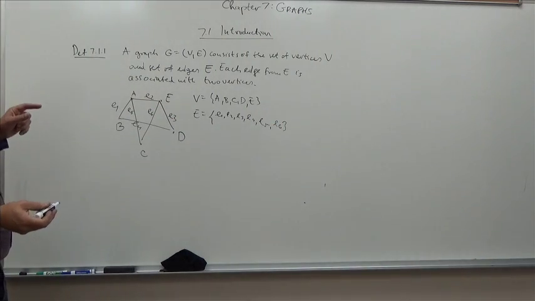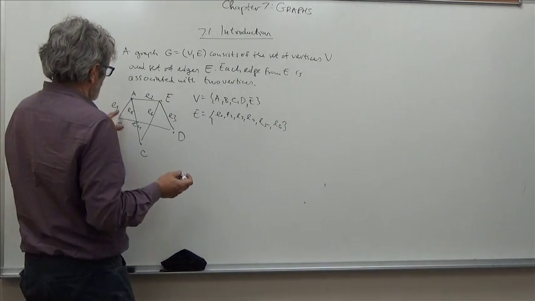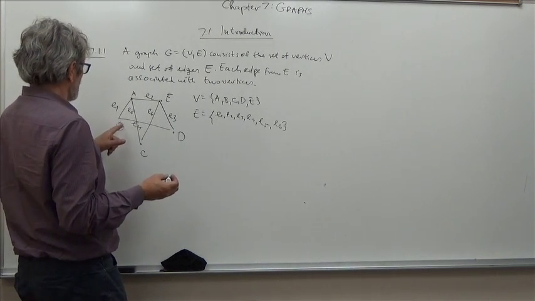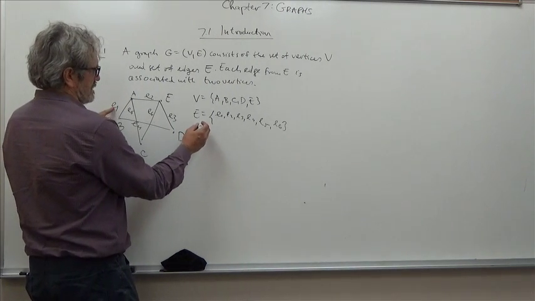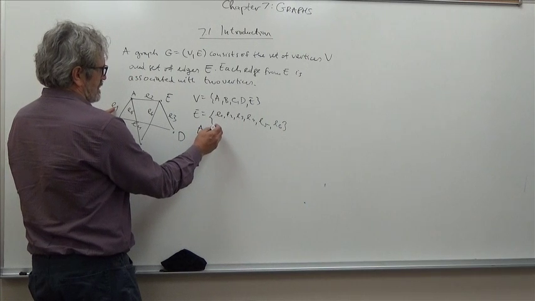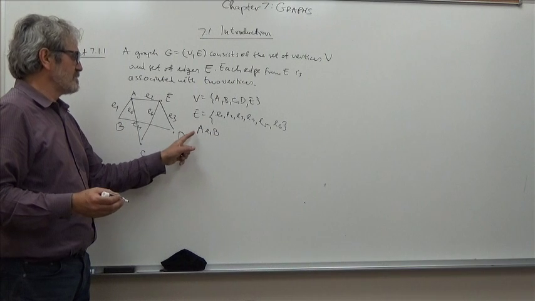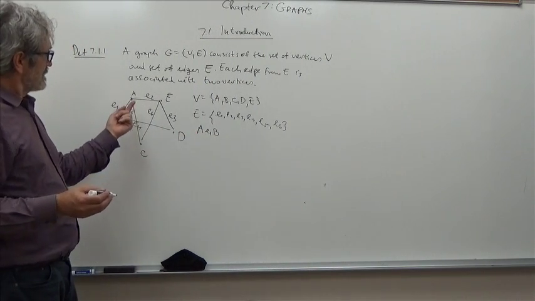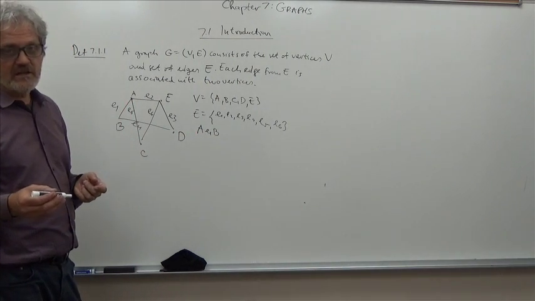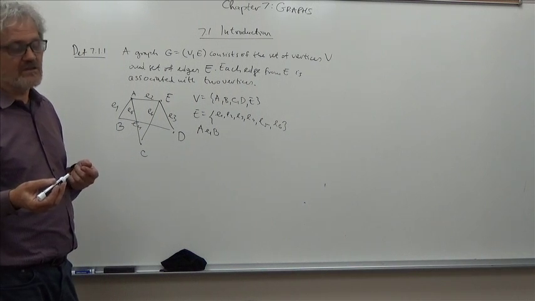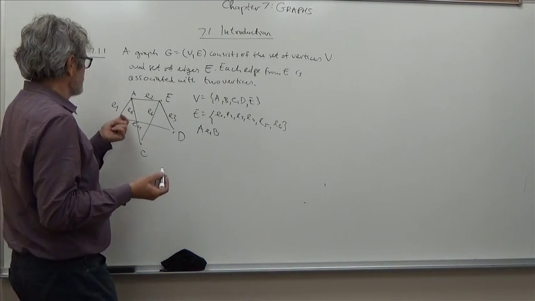And then for each of them, it associates certain vertices. For example, for E1 we'll say the following: A, E1, B. And the order doesn't matter; we can say A E1 B or B E1 A. If you think of this as a binary relation, then we are considering symmetric relations.